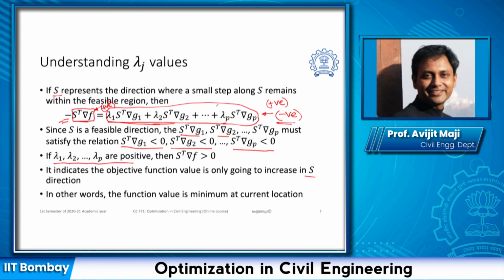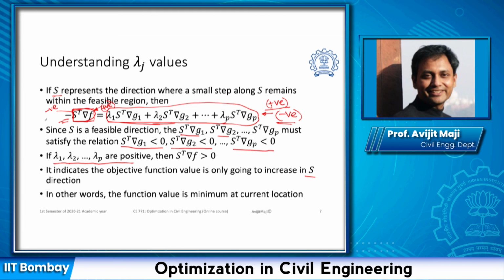On the contrary, as I said, if my lambda values of the active constraints are negative, then my right hand side of the equation is going to be positive, and in order to make the sign equal, the right hand side of this component should be negative, because it already has a negative sign outside.